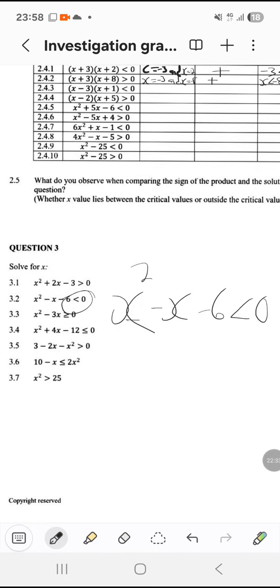When 0 is greater, there's always an intersection. Let me show you. Let's find the factors. x, we have 6, or maybe let me write 1.